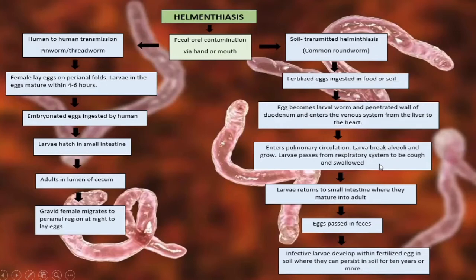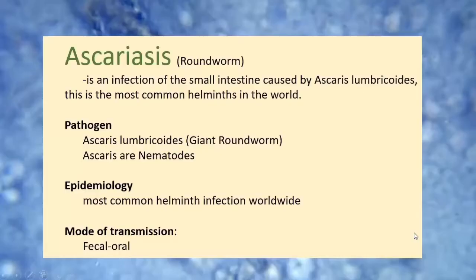The larvae migrate into the alveoli, the trachea, and larynx. The larvae return to the small intestine where they mature into adults, and then the eggs pass in the feces. Infected larvae develop within fertilized eggs in soil, where they can persist for 10 or more years.